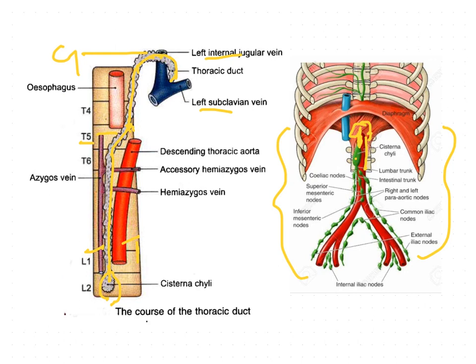Now once it enters into the posterior mediastinum, what are the relations in the posterior mediastinum up to this level? So what are the relations of this thoracic duct? Again anteriorly, so it enters through the aortic opening, still at the posterior mediastinum. Some part of the diaphragm is related there, so anteriorly again it is related to the diaphragm. And next, esophagus.